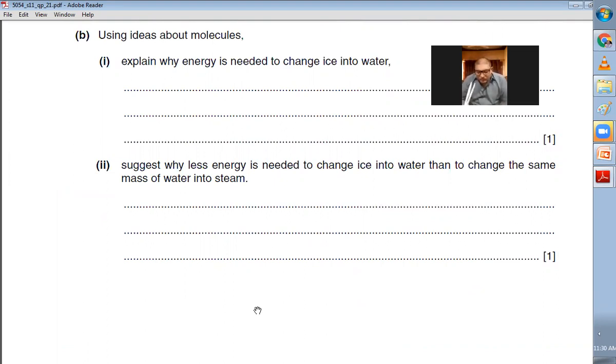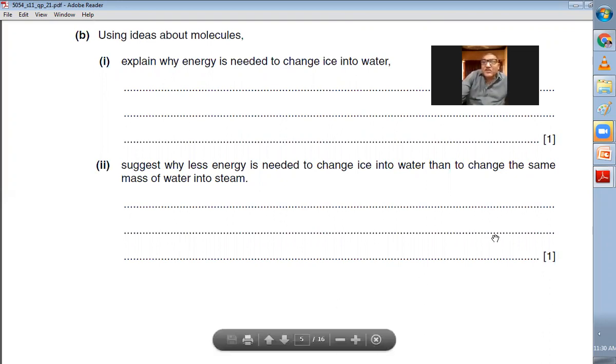You have to move the molecules away from each other, and you have to overcome the very strong intermolecular forces in the solid. So for this purpose, we need energy, and the energy which is provided is called the latent heat of fusion.